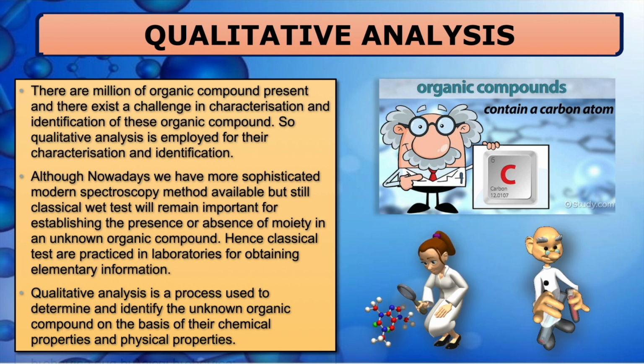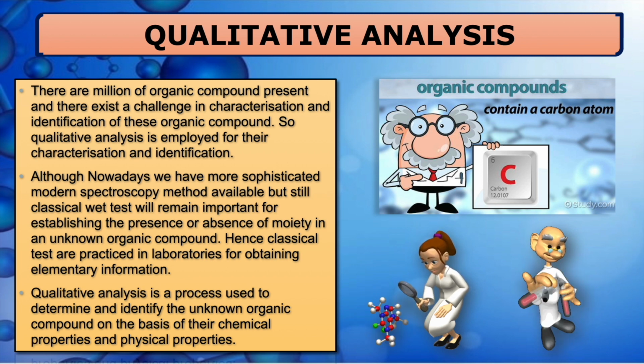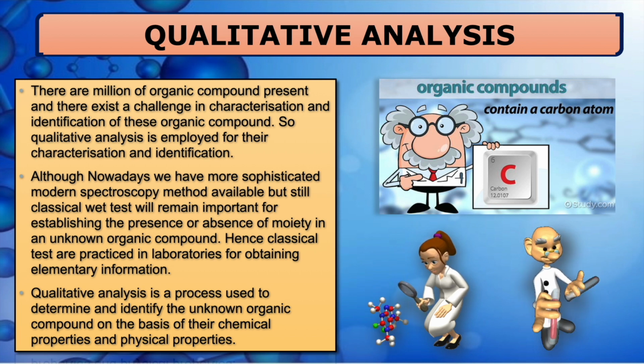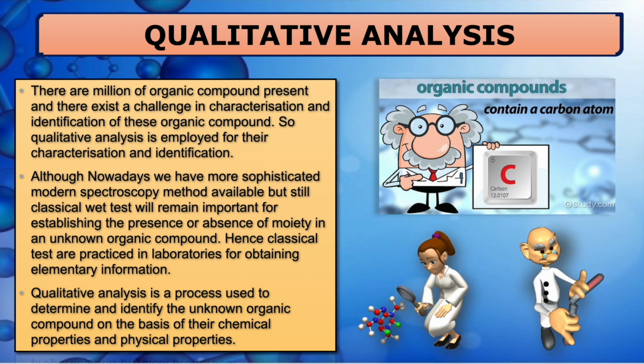Now, as we all know, there are millions of organic compounds present on earth, and hence it is a very big challenge for scientists and people to identify and characterize each one of them. And for that matter only, qualitative analysis is used. So, qualitative analysis is a process used to determine and identify an unknown organic compound on the basis of its chemical properties and physical properties.